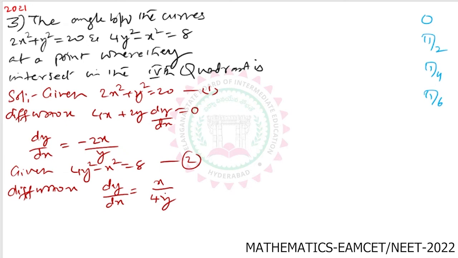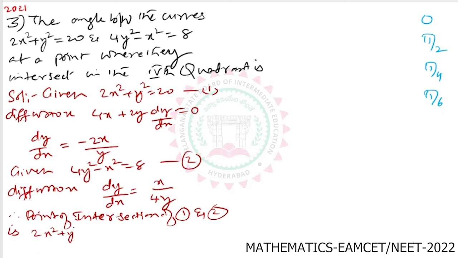Okay. Now, solving 1 and 2. Therefore, point of intersection of 1 and 2 is, if I take the curve, that is 2x square plus y square is equal to 20. In this, I am substituting the second curve 2 as it is.